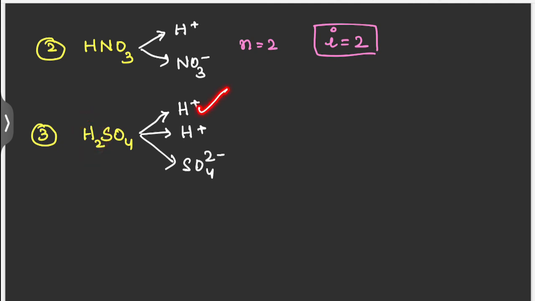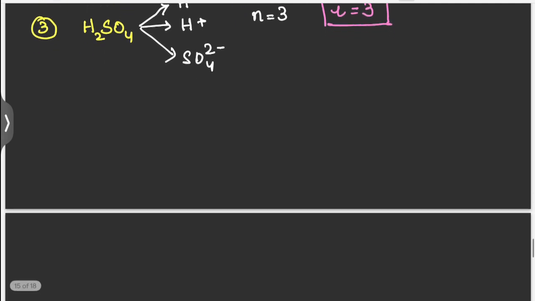So it is going to break as H plus and H plus, and this is going to break as SO4 2 minus ion. Now totally how many ions are there? 1, 2 and 3. So totally there are 3 ions formed. So the value of n will be equal to 3. If n value is equal to 3, what is the Van't Hoff factor? Van't Hoff factor for sulfuric acid will be equal to 3.